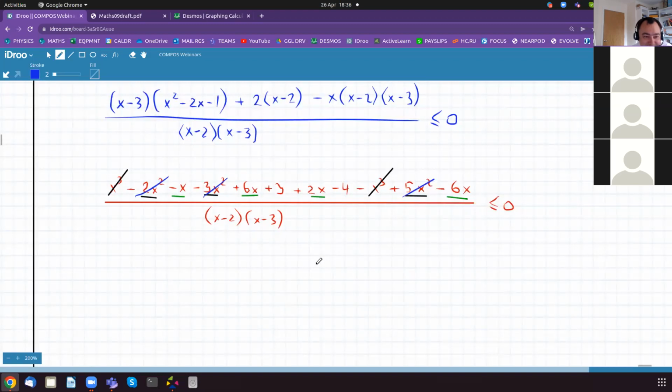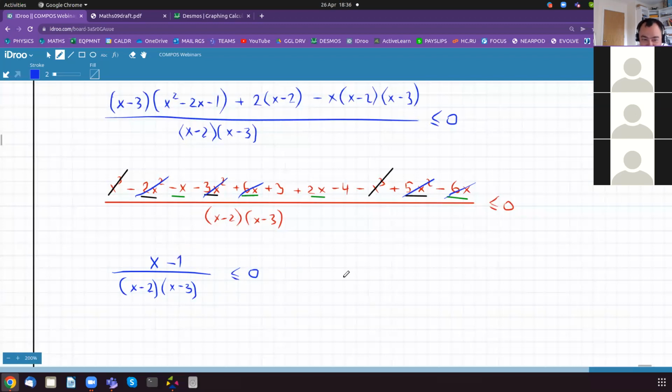That makes our life so much easier. So we have minus x plus 6 minus 6 disappears, and we are left with 2x minus x, which is x. Brilliant. And 3 minus 4 is minus 1. So I must be doing things right. So x minus 1 over x minus 2, x minus 3, less than or equal to 0.